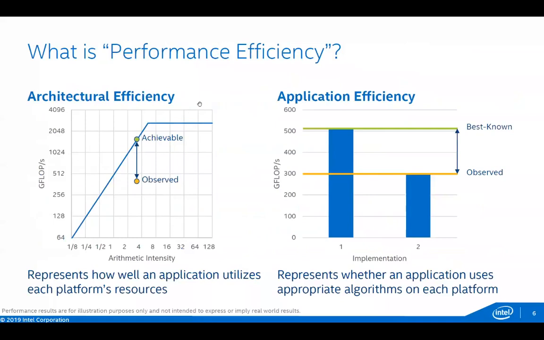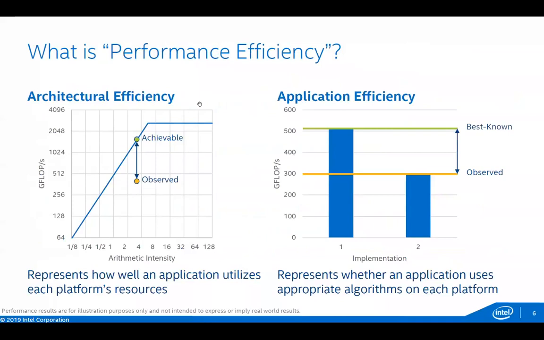Okay, and then the final term that I want to talk about is this performance efficiency. So in the paper, we talk about two different types of performance efficiency. One is architectural efficiency, and this represents how well an application utilizes each platform's resources. You can think of it as being very similar to percentage of peak or percentage of performance relative to the roofline.